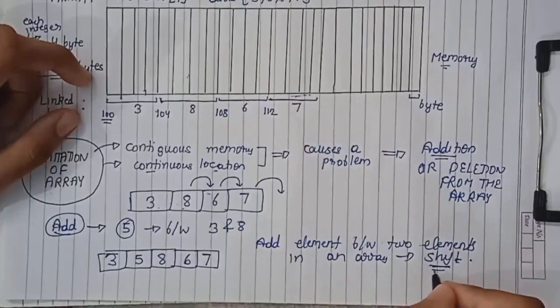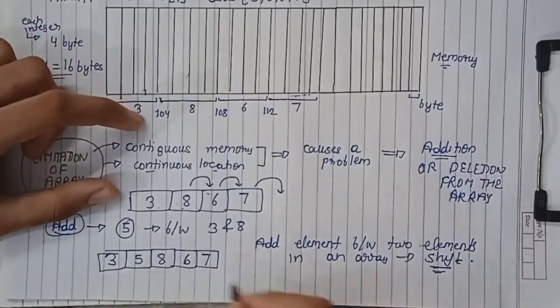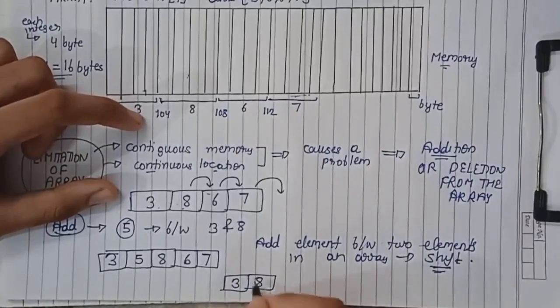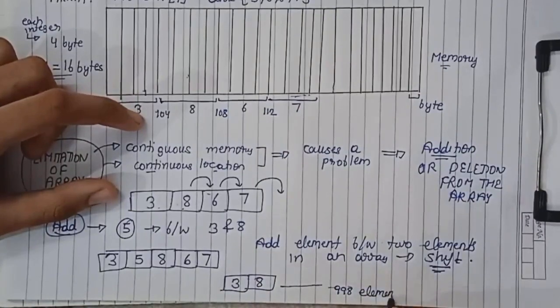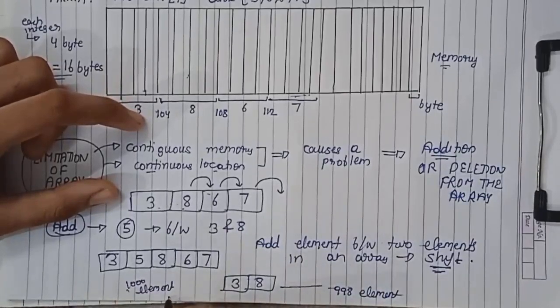This shifting is a time-taking process. Let us assume that there are 1000 elements, like it is 3, it is 8, and after it you have 998 more elements.